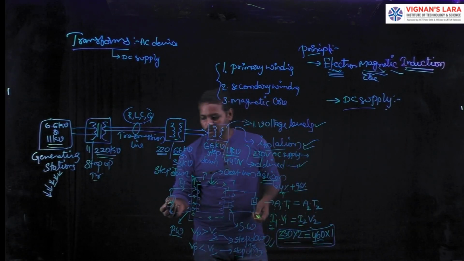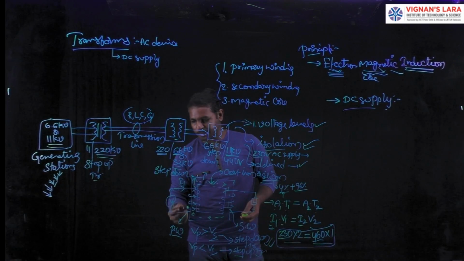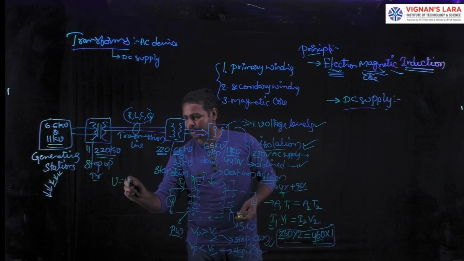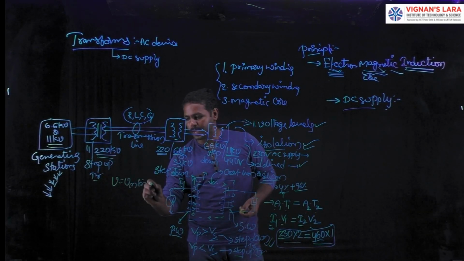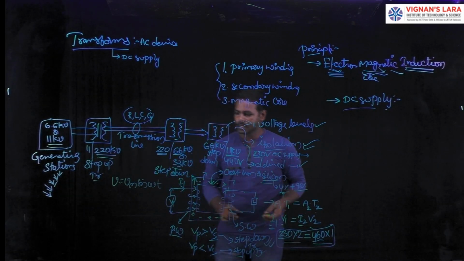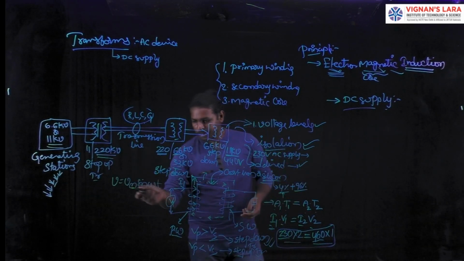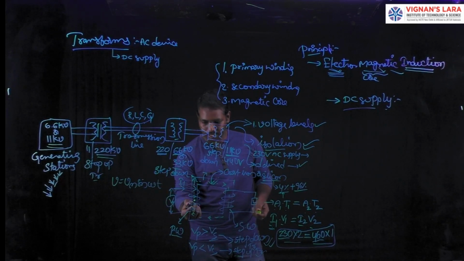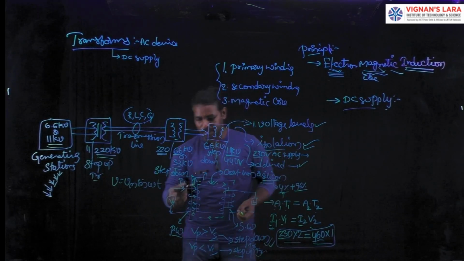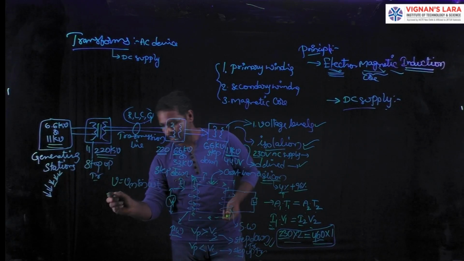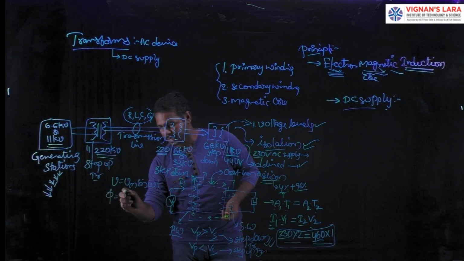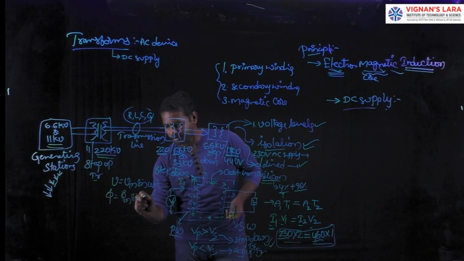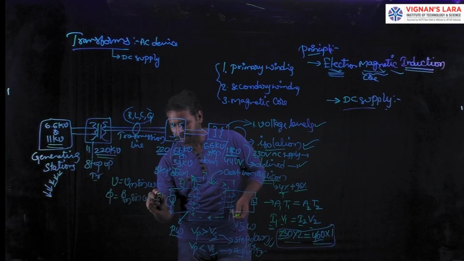Whenever voltage is given to the primary of a transformer, V is equal to Vm sin omega t. This sinusoidal quantity is given to the primary of the transformer, which generates the flux, phi equal to phi m sin omega t minus phi.